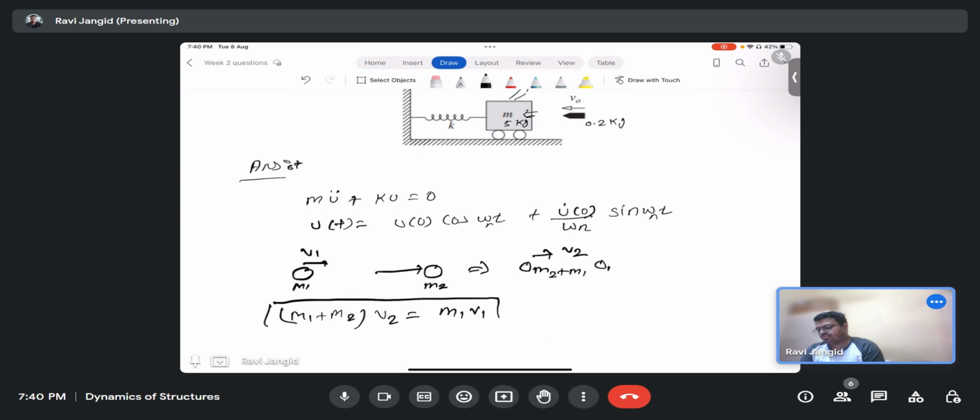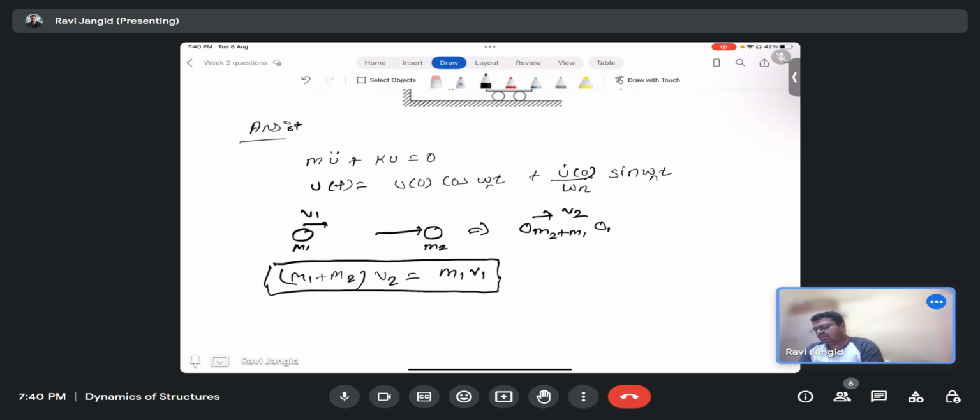So here my m1 is the bullet mass, mb, into v1, and m2 is the wooden block mass. I need to find v2 because v1 is given as 20 meter per second.